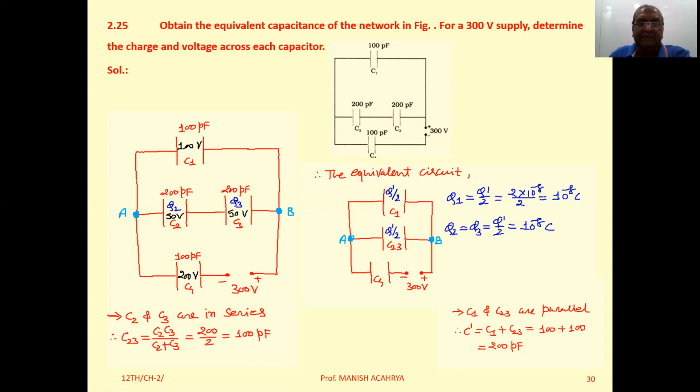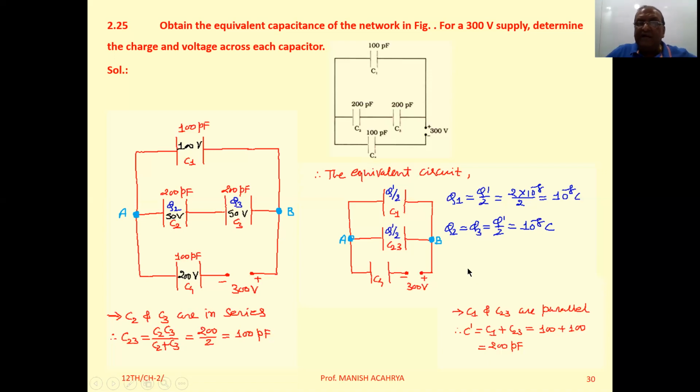But now see, C23 is the series combination of C2 and C3. And in series combination, on each one the charge is the same. So here on C23, when the charge is Q dash by 2, we can say the same charge is there on C2 and C3.